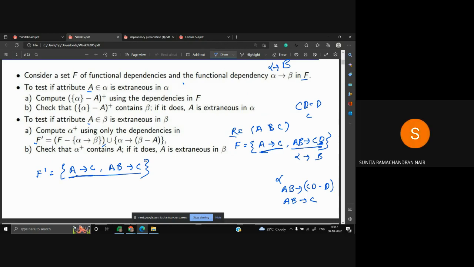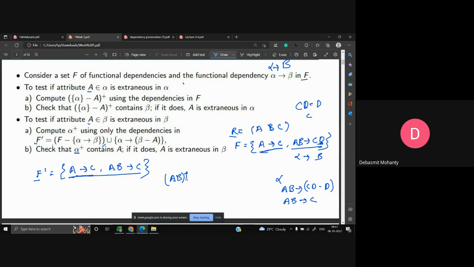Okay. Now we have to check alpha plus, so we check AB plus with the help of the F dash functional dependencies. What will we get for AB plus? Anyone? A, B, C, D?